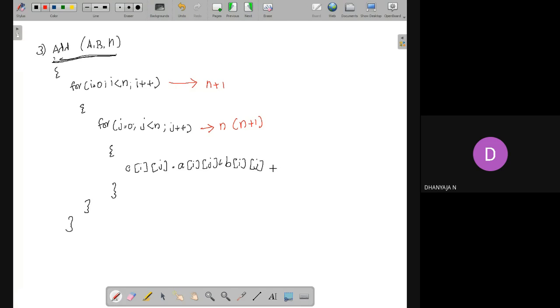Okay. Now tell me, how many times will this statement, c of ij is equal to a of ij plus b of ij, execute?